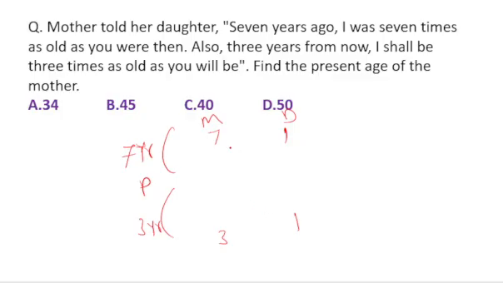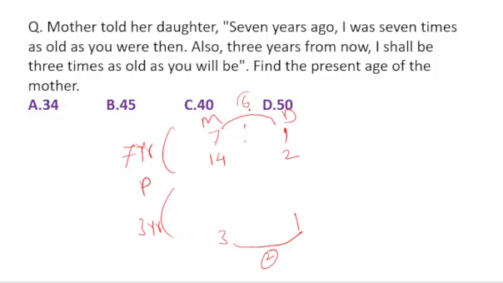Here the gap is not the same, 7 to 1 and 3 to 1, so we make the gap equal between these 2 ratios.